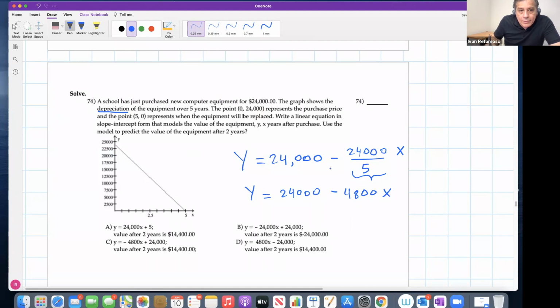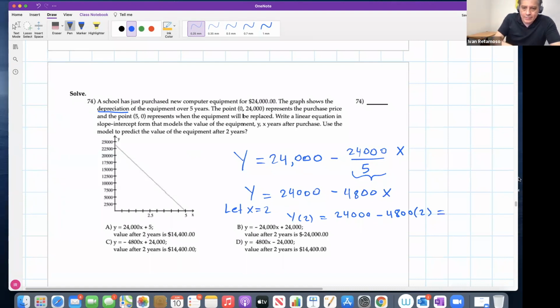Now, they say use this model to predict the value of the equipment after 2 years. If you let x be 2 years, then y evaluated at 2, the value of the equipment after 2 years since it was purchased, is 24,000 minus 4,800 times 2.